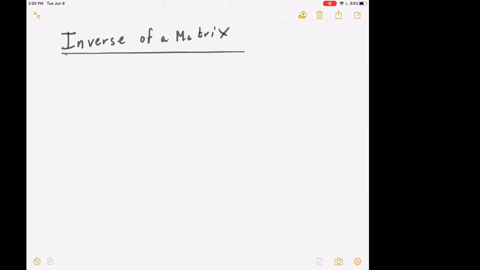How do we calculate the inverse of the matrix? And why do we need it? So one at a time. What do we mean by the inverse of a matrix? And we discussed that last lecture.